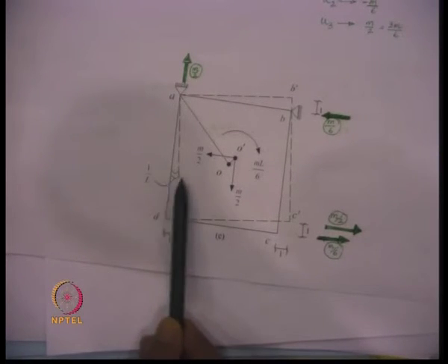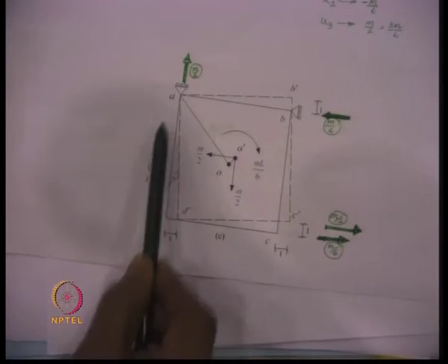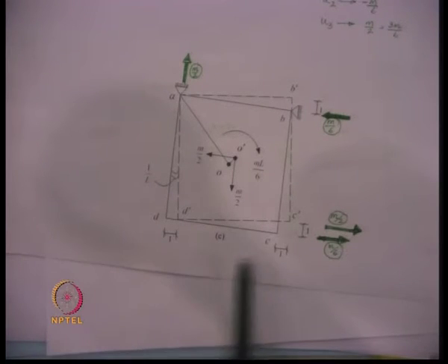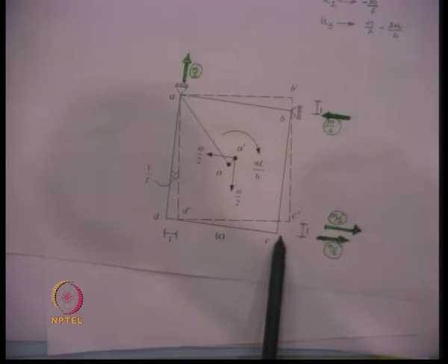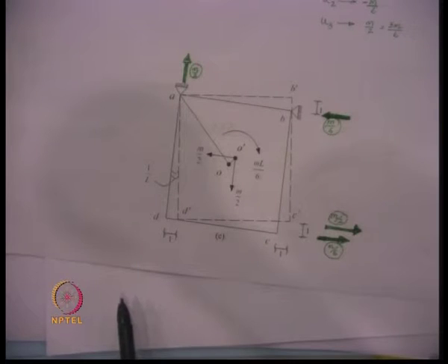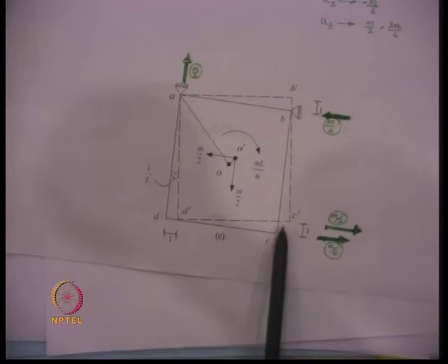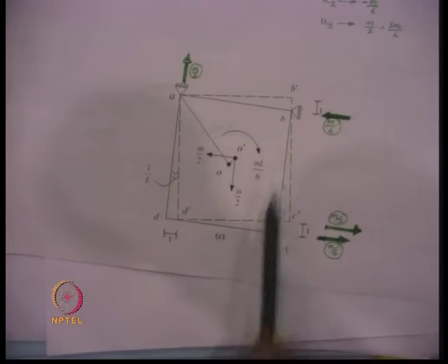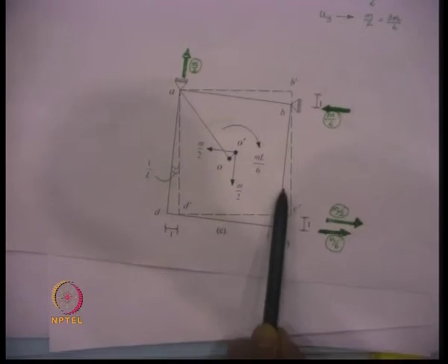The rotation over here becomes equal to 1 divided by this arm length, 1 by L. Now, this point, if I give a displacement of unity, this will also move in this direction by unity, because there is no restraint provided over here in this direction.